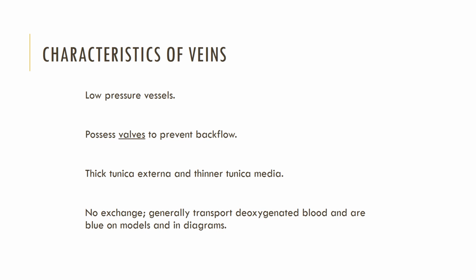If a valve fails, blood will pool abnormally in the vessel, causing it to become grossly distended. If near the surface, it is visible through the skin and is called a varicose vein. Varicose veins of the anal canal are called hemorrhoids.